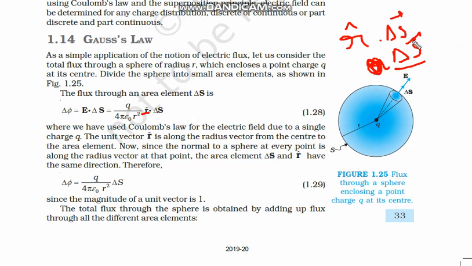So this is simply delta S, not a vector, only magnitude.